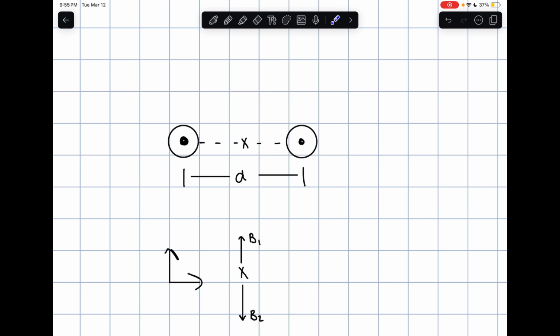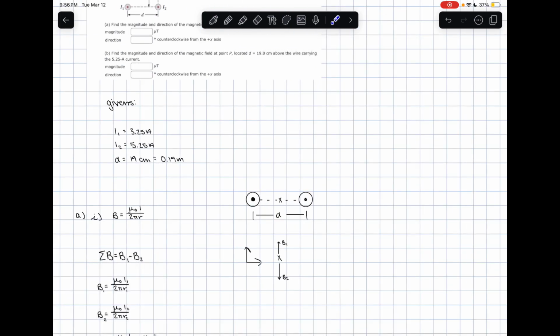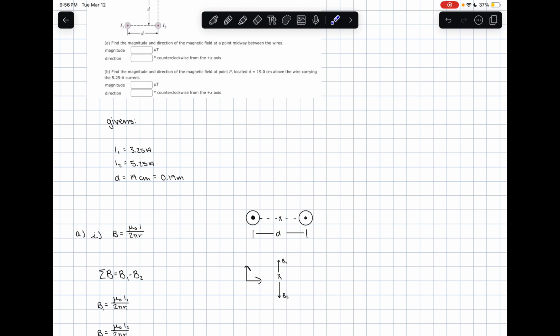Well, we're looking at the right-hand rule. So, for example, let's take I1. If there's this little dot, we know that our thumb should be pointing outwards because that is the direction of the current. Then we're going to curl our fingers around almost like we're wrapping them around a wire, and our fingers should be pointing upwards after we fully curl them.